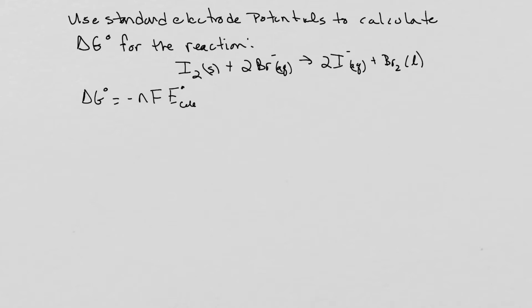If we quickly look at this, what we want to notice is, if we figure out what's being oxidized and what's being reduced by assigning oxidation states, I2 is 0, being an element, Br minus is -1, I minus is -1, and Br2 is 0, being an element.